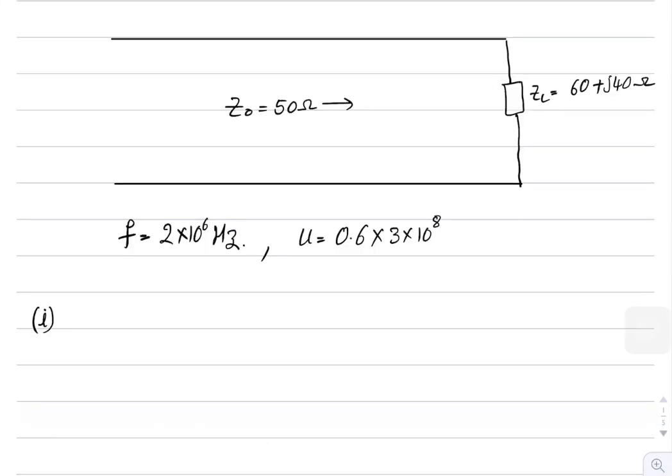The reflection coefficient is represented with gamma, that is equal to (ZL minus Z0) by (ZL plus Z0).